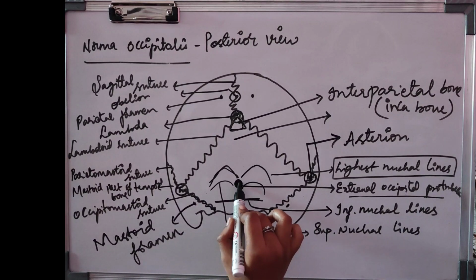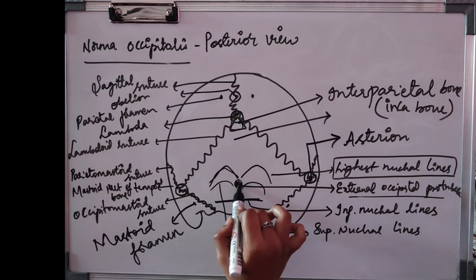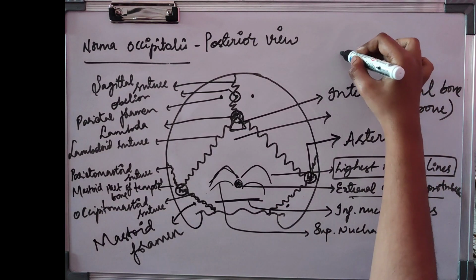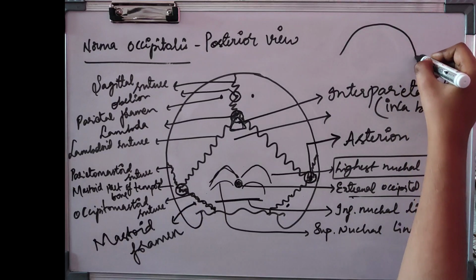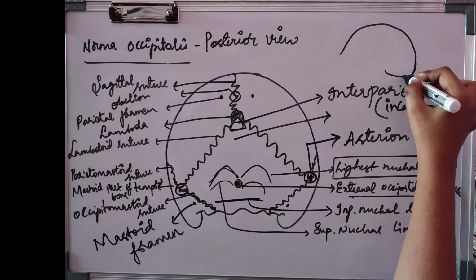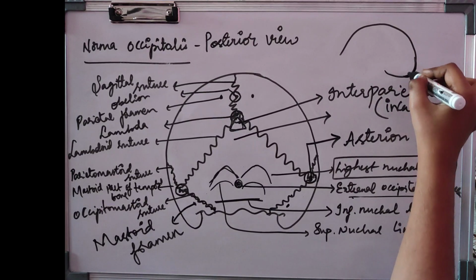This is the median prominence on the lower part of the Norma occipitalis, known as external occipital protuberance. If we observe the skull laterally, here this is the median prominence.